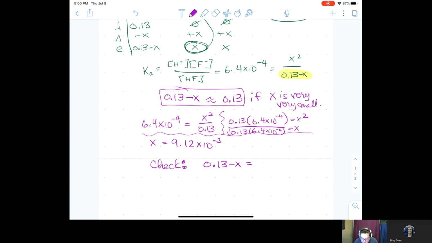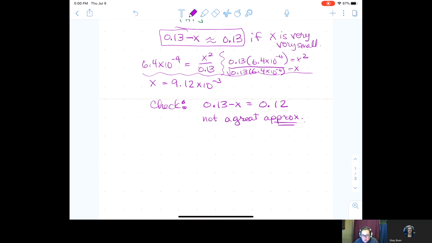And what I actually get is 0.12. So this is not a great approximation. It's going to be very close, but it's not great. Let's go ahead and go with it, and then we'll fix it in a minute.